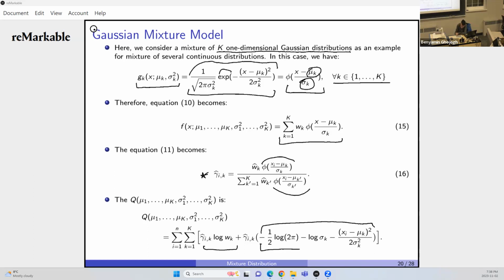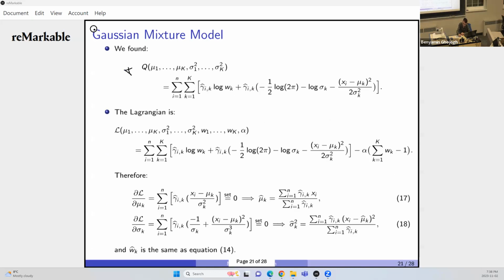So I have this term, and this minus half is because of the square root in the denominator, and also this part. That term doesn't have any logarithm because its exponential operator was cancelled with the logarithm. So this is what we found.